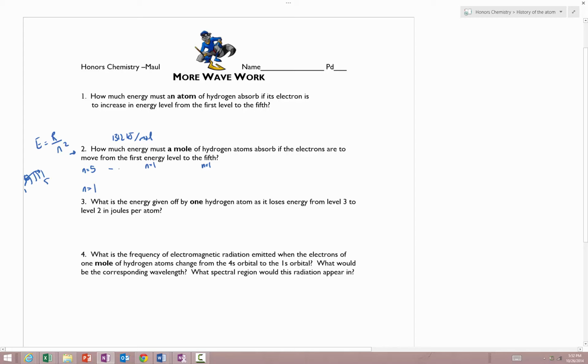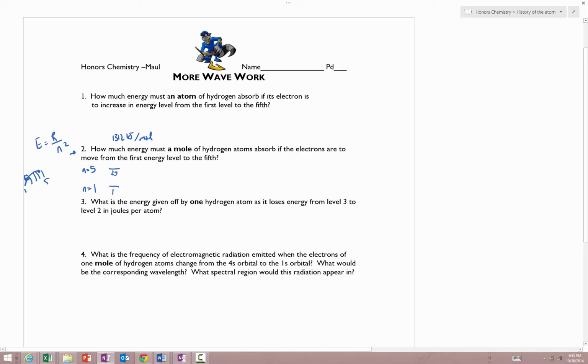So you're going to have two little equations set up there. To calculate that amount of energy, like we did in the notes, you take that R value and divide it by n squared. n squared here would be 25, and 1 squared is just 1.